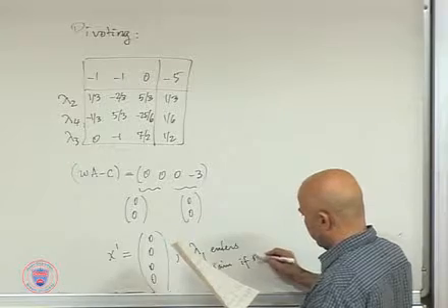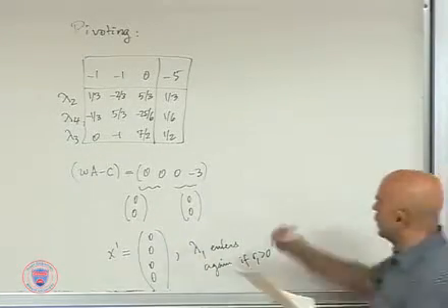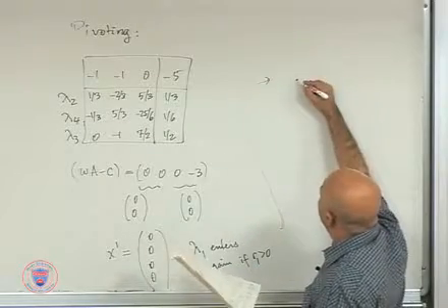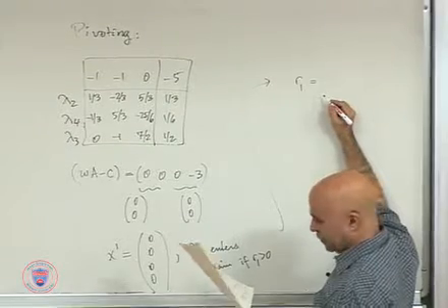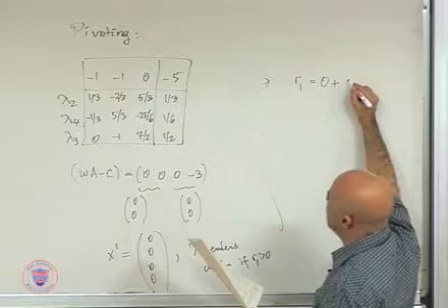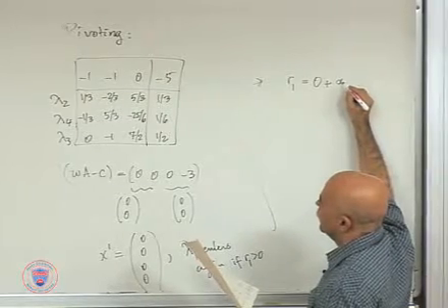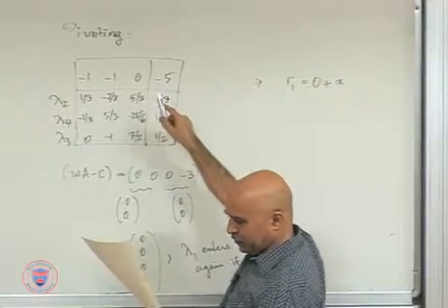Lambda1 enters if, of course, R1 happens to be positive, so you need to compute R1. R1 is the objective function value of this. How much is it? Well, it's going to be the objective function value plus alpha. Is alpha 0 here? Yeah, it is 0.